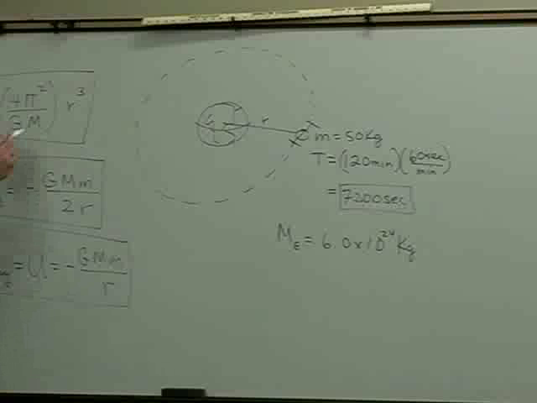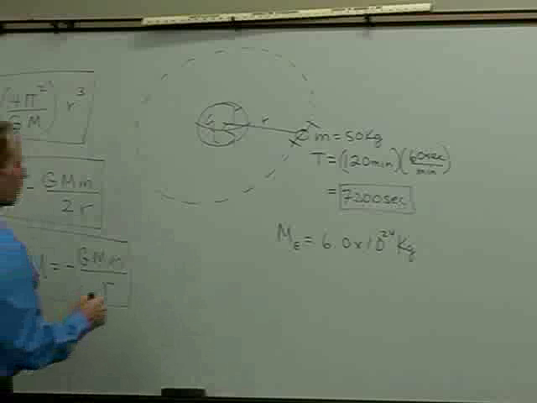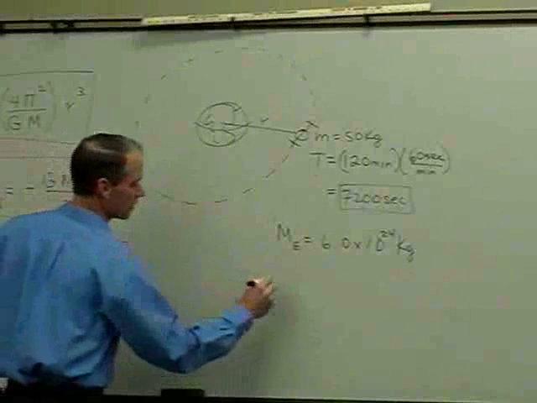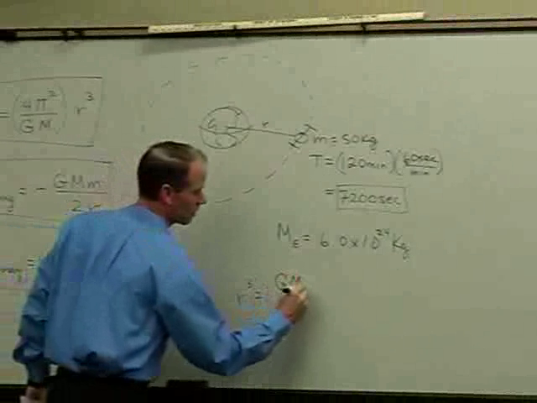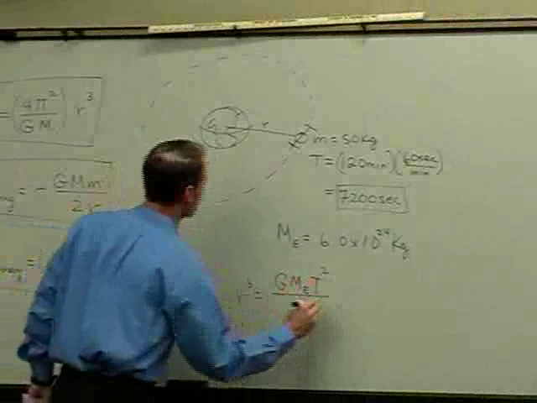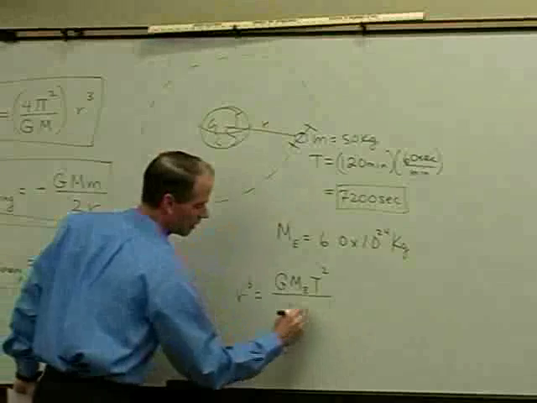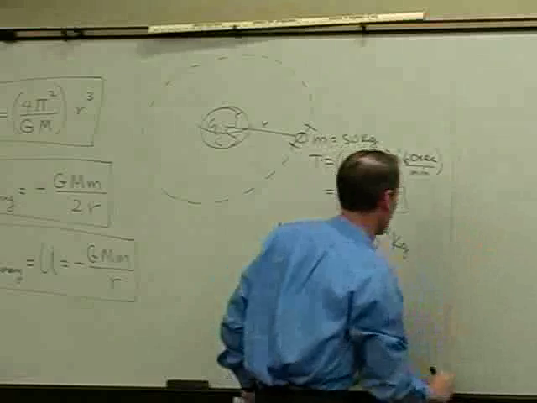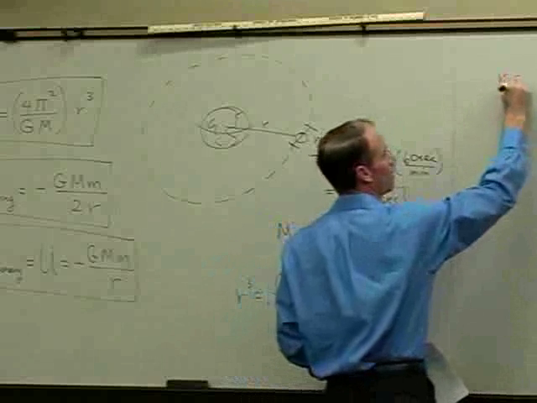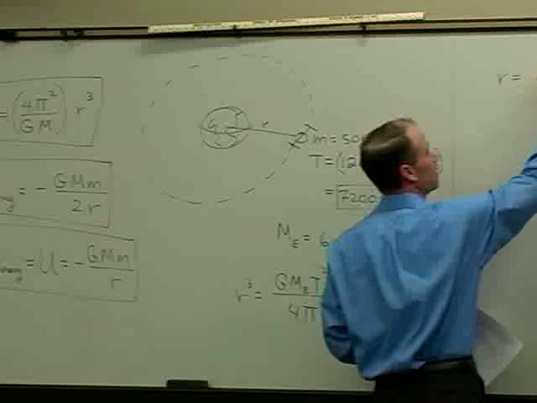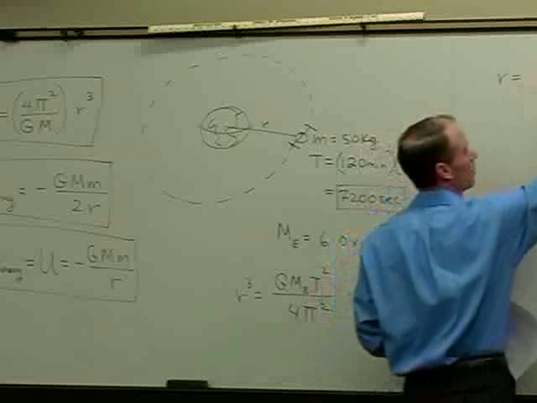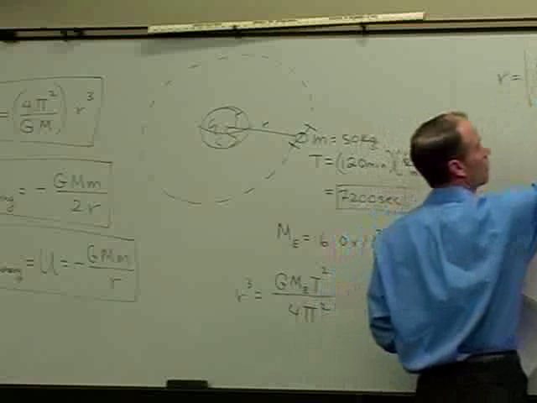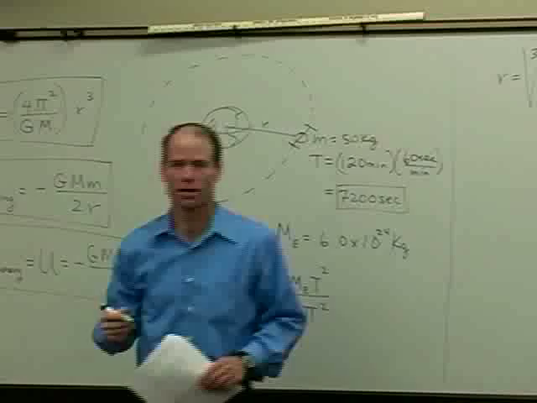When I reverse engineer this, I would have that R cubed equals G mass of Earth, period of time squared, over 4 pi squared. Or R is equal to G mass of Earth, period squared, over 4 pi squared, cube root.